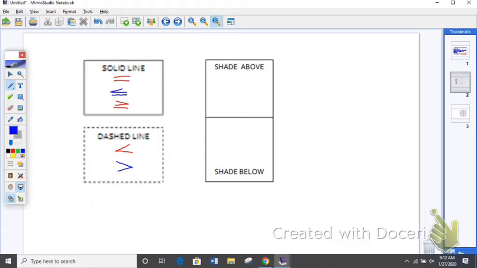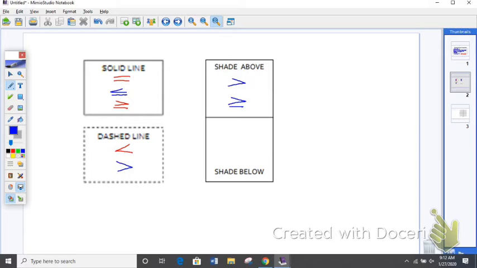And then step 4 involved that shading. So we need to know which part of the graph is going to be shaded. We can shade either above or below. So we are going to be shading above when we solve for y and we have either the greater than or the greater than or equal to symbol.